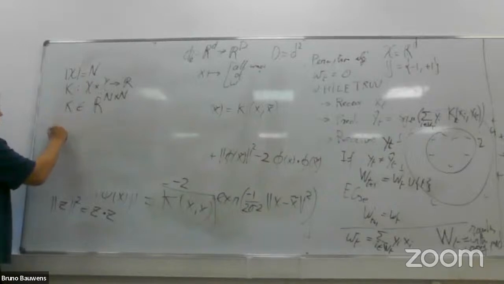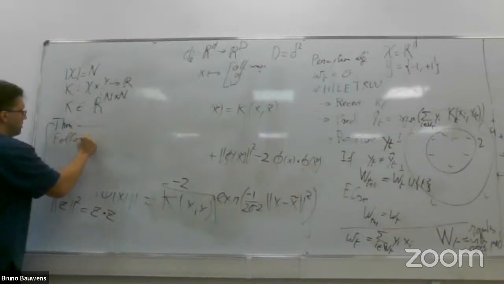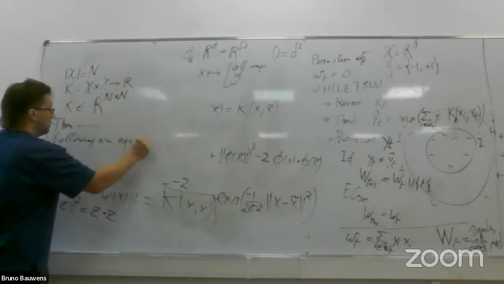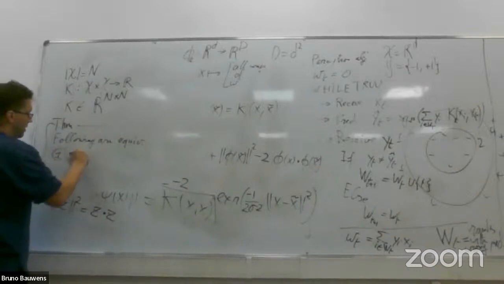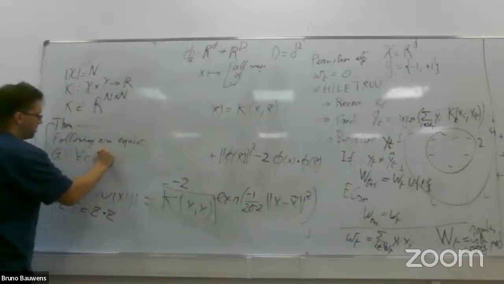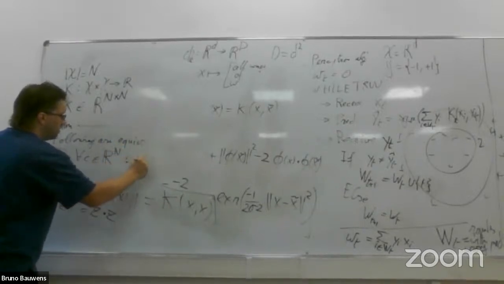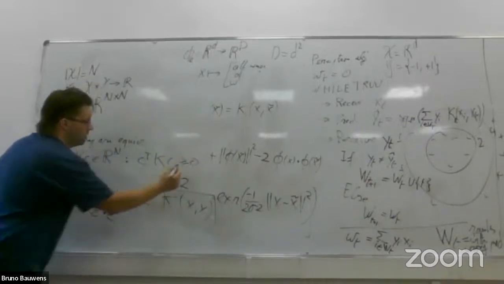The theorem says that the following are equivalent. One: for all vectors c in R^n, c transpose K c is at least 0.